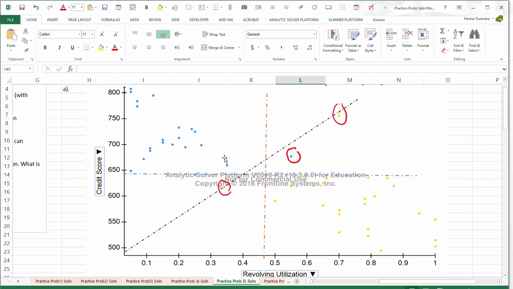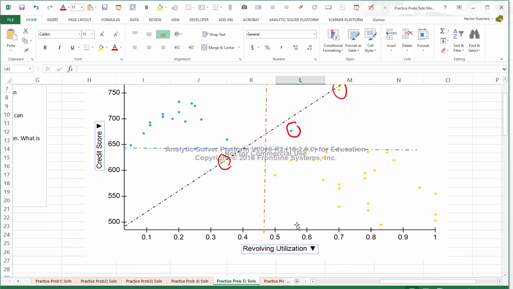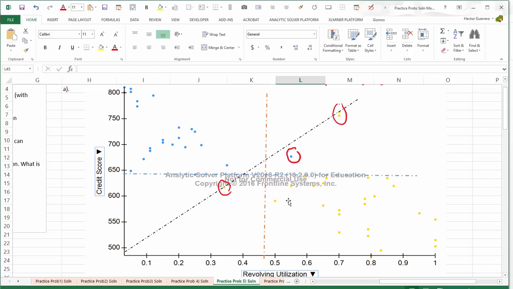If I move this line to the right as far as I can before I hit this larger quantity of yellow, this one is misplaced. So in the rule that I have here, that would suggest that anything over 0.46 or something like that in the revolving utilization, I say anything over that is going to be rejected, anything under that will be accepted.